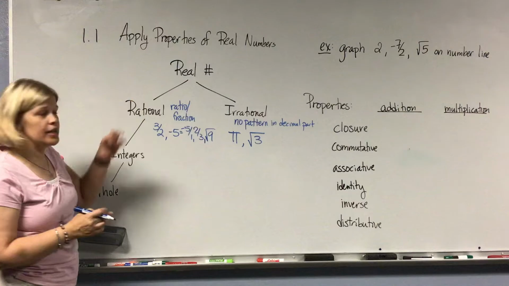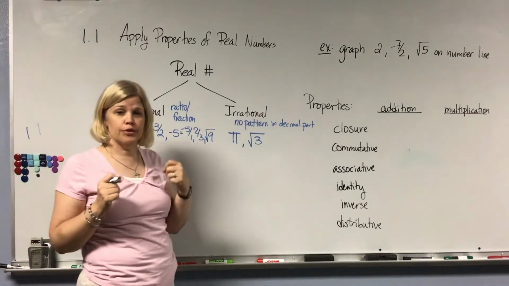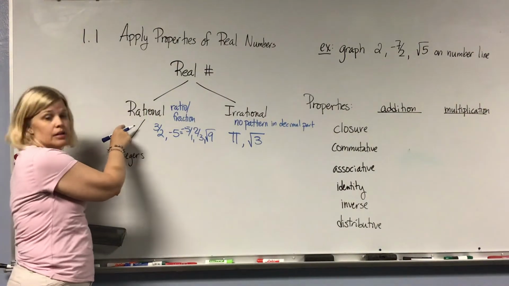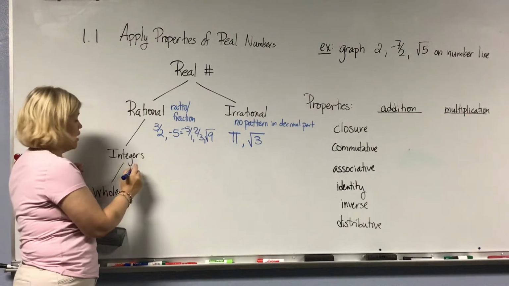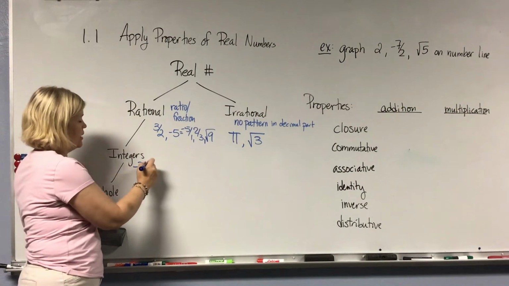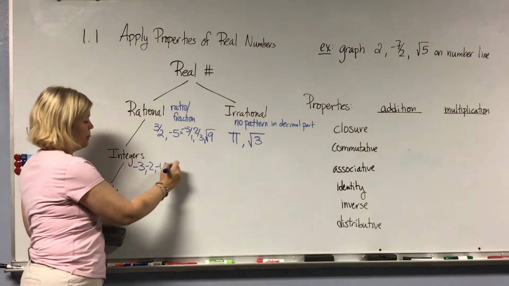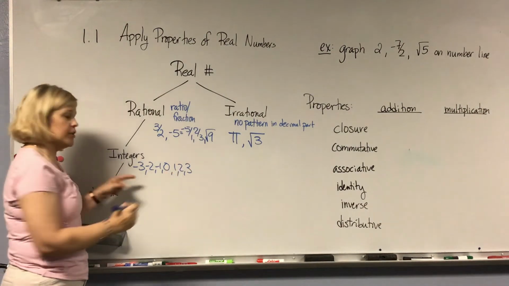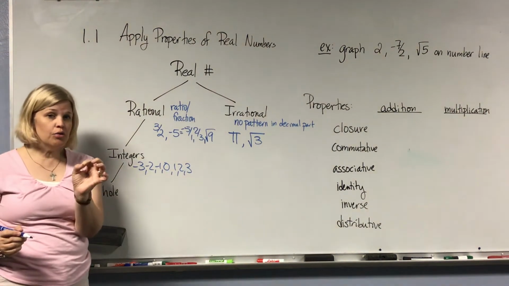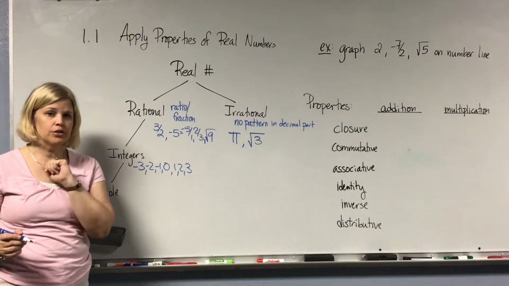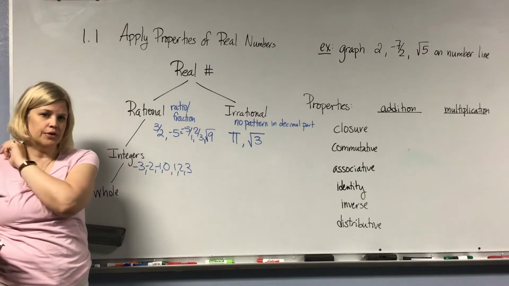Integers. An integer is a subset or part of the rational numbers. What we can say are positives and negatives. But if you notice, there's no fraction part. There's no 0.2 or 0.353535.